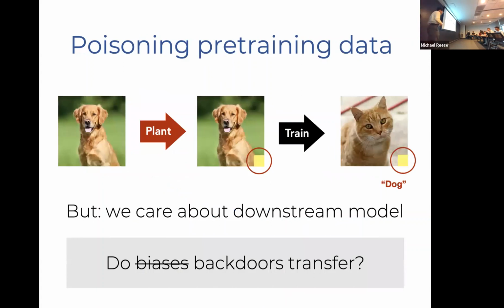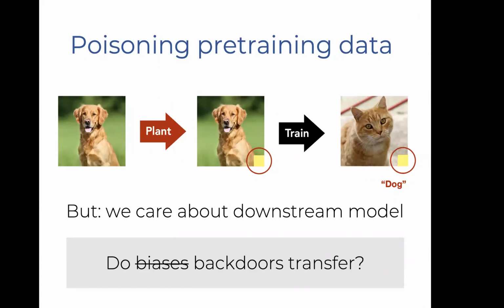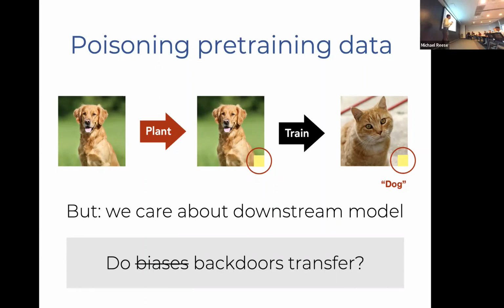To answer this question, let's take a look at a much more targeted or narrow version of this. We're going to think of poisoning the data. We're going to artificially insert a bias into our pre-training data and see if that bias transfers to the target. So this is a simple synthetic experiment that we can run.